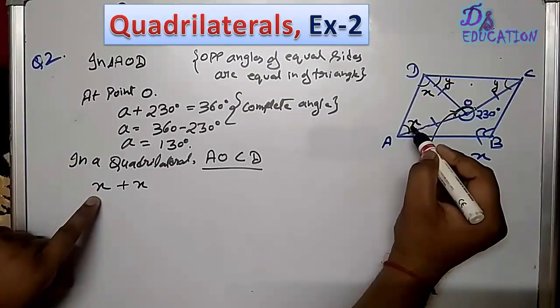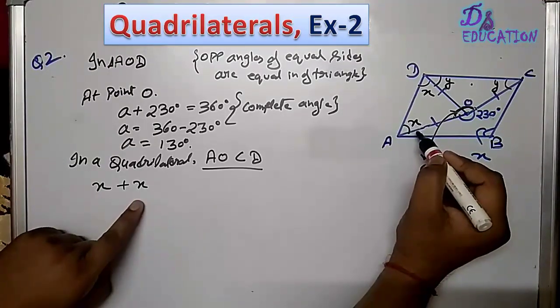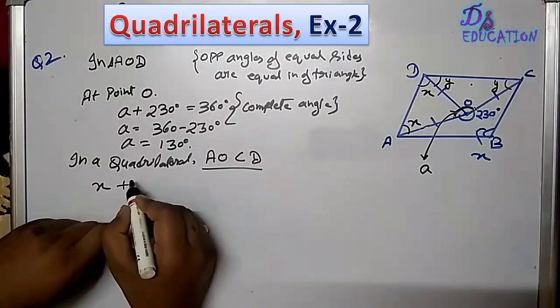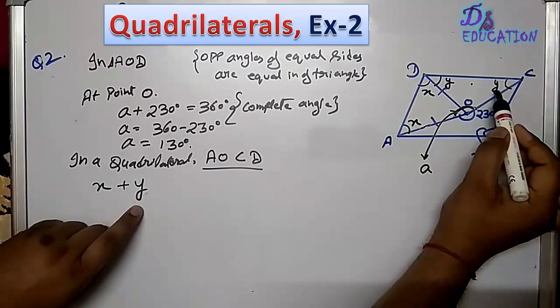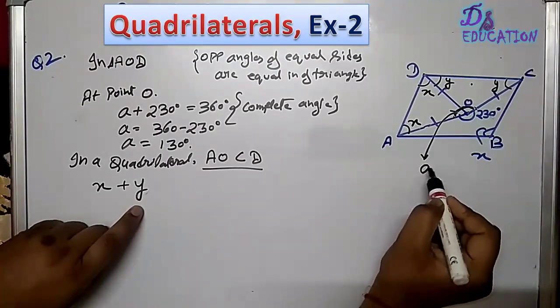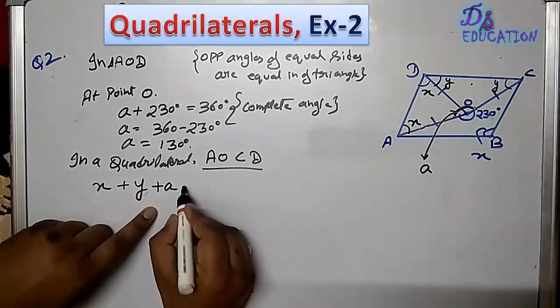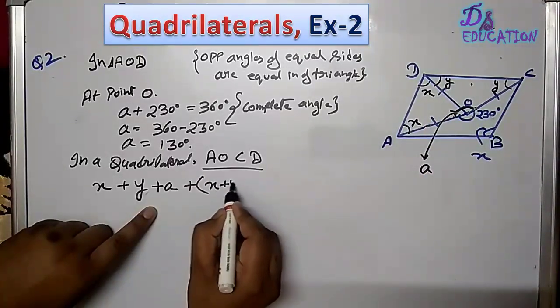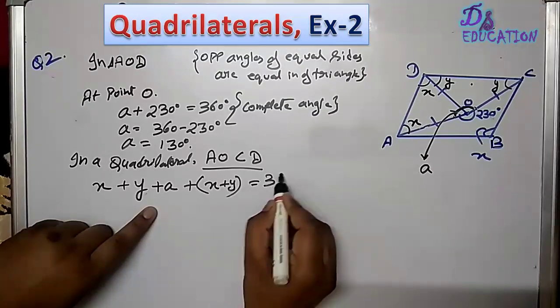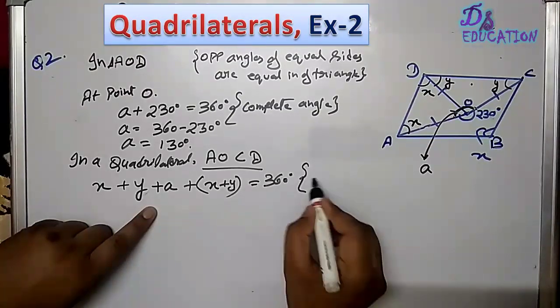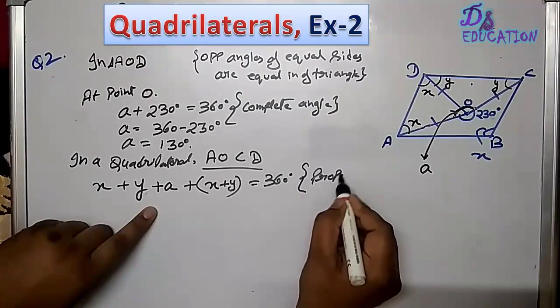This is angle x, then angle y. I am taking this angle as y, this angle y, this was A, and angle D, that is x plus y. Their sum is equal to 360 degree. Property of quadrilaterals.